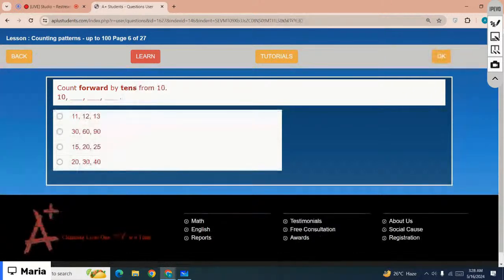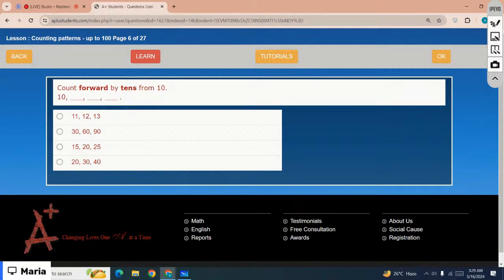Count forward by tens from 10, which is the correct option? That's how it is when you sleep with open eyes, is it? So you guys are sleeping, and also I am sleeping. Count by tens.